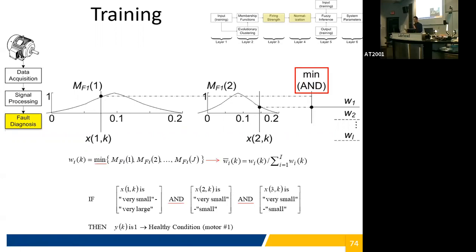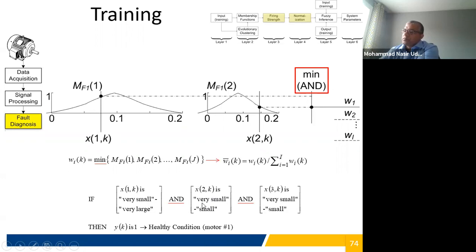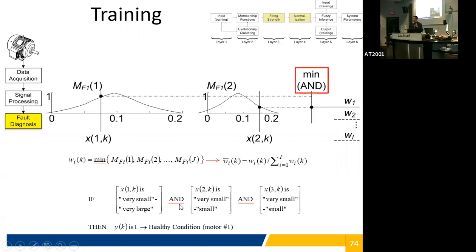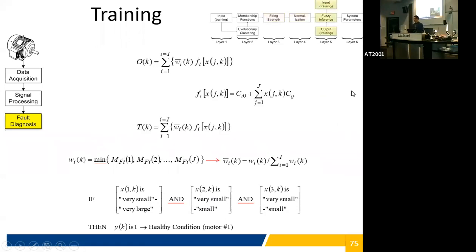To put this in context, let's say we have a rule: if something is very small to very large, and the second input is very small to small, and so forth. It can go to infinity in theory. This AND operation of our transparent rule to produce our diagnostics is achieved by the minimum function of the membership function outputs.